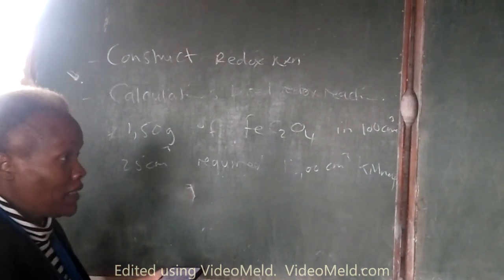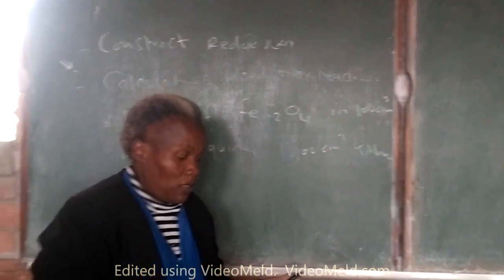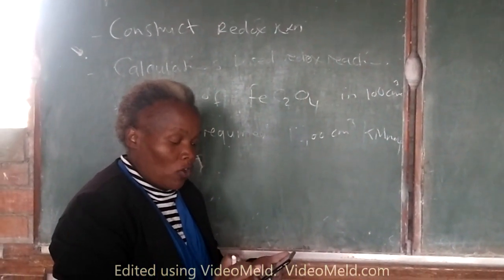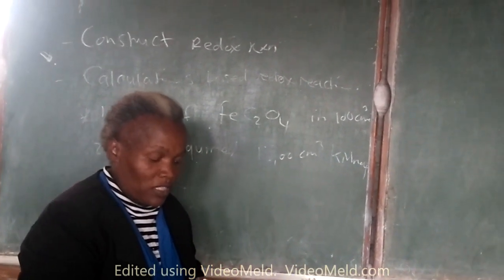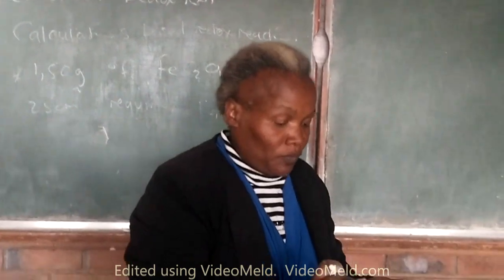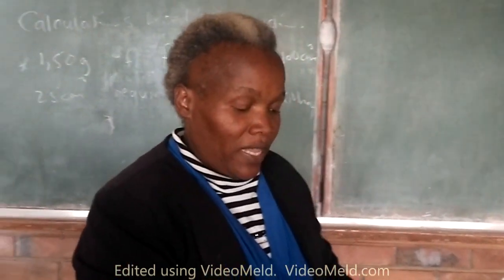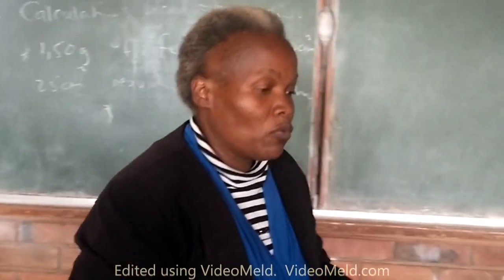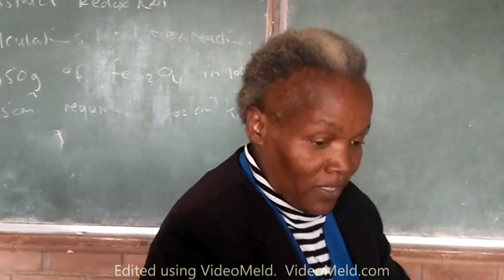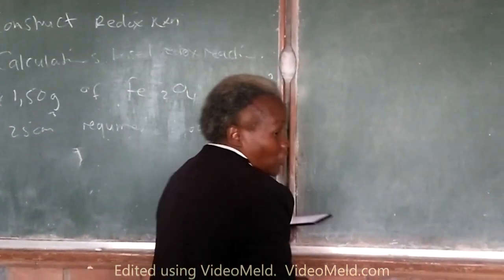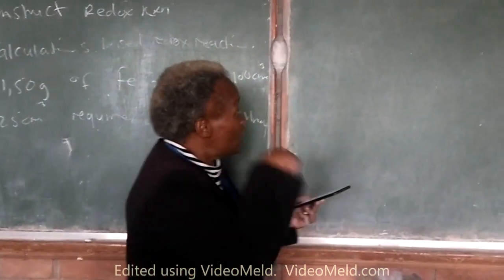So the first part, we must use the given half equations to write the overall equation for the oxidation of iron 2-ethane dioxide by potassium permanganate. The half equations we are given are written as reduction potentials.